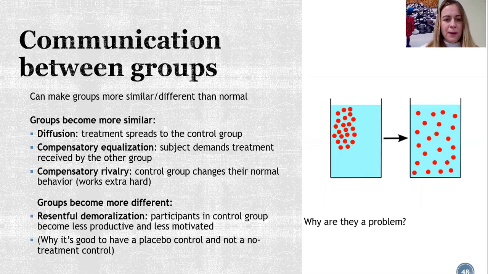Groups can also become more different if they find out that somebody in the other group is doing something that's more fun and they're like, hey, I want to be in that group. I'm just not even going to participate anymore. This is why it's so important that if you compare 2 groups, a treatment group and a control group, your control group has something interesting to do too.